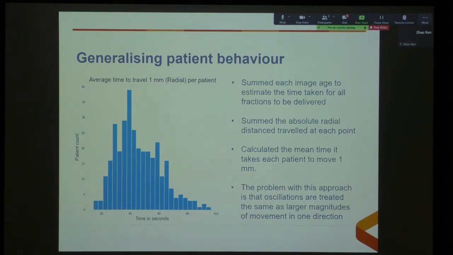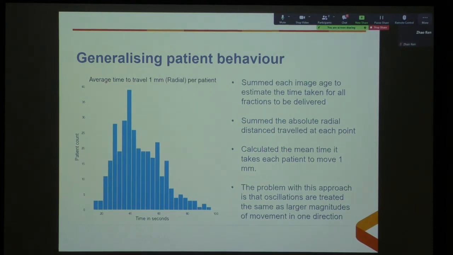A paper from Curtis et al. 2012, where specific information was given on the combination between margins and imaging frequency, which is actually quite hard to find. Papers cover margins. There are some papers that talk about imaging. There's very limited research that's been done on the ideal combination between the two.